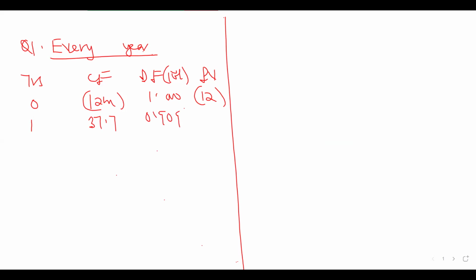So what will be our cash flow? 34.27. So what will be the NPV? 22.27.